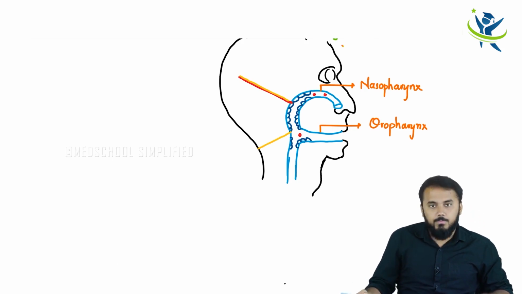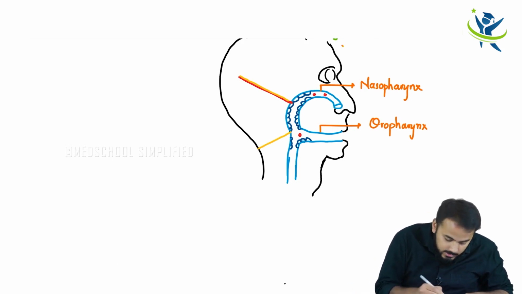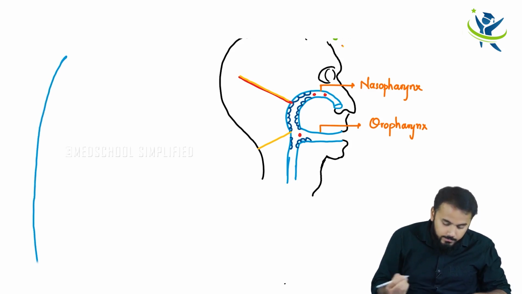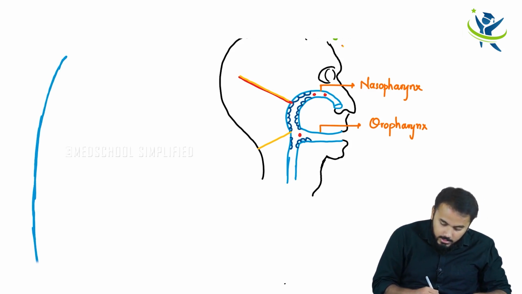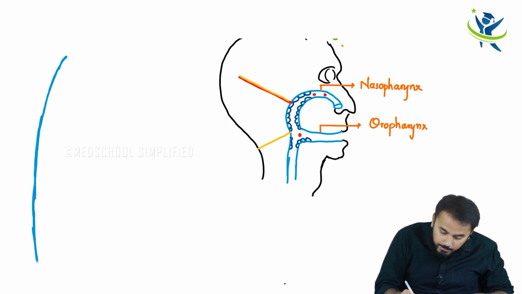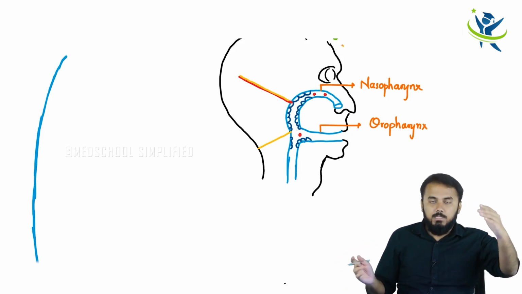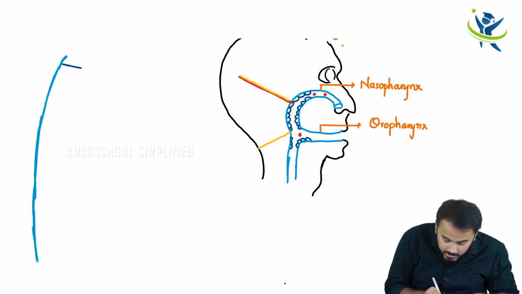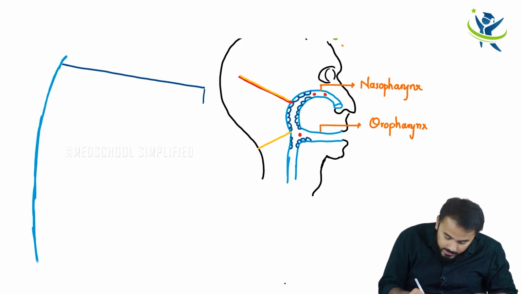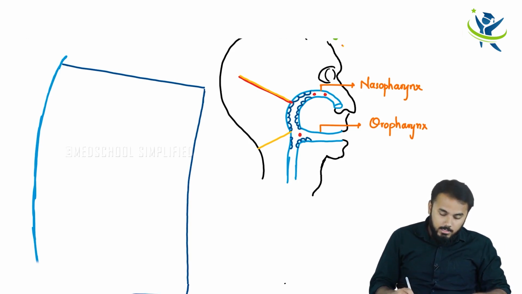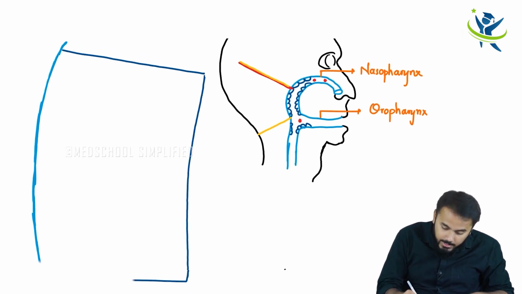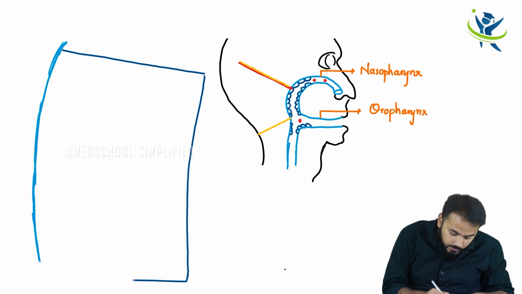In this way. Okay, now look, this is the wall of your pharynx, right? Let us say it might be nasopharynx or oropharynx, that doesn't matter, but it is a wall of your pharynx. Now there you have got a bigger cell. I'm just enlarging one cell, right? So you have got a bigger cell like this. Let us say this is your cell. Let me darken it up so that it would be better for you to understand.